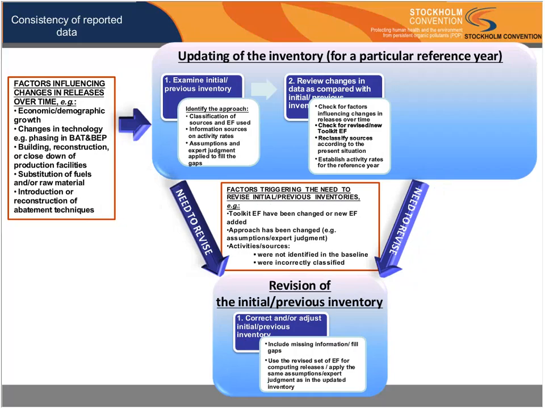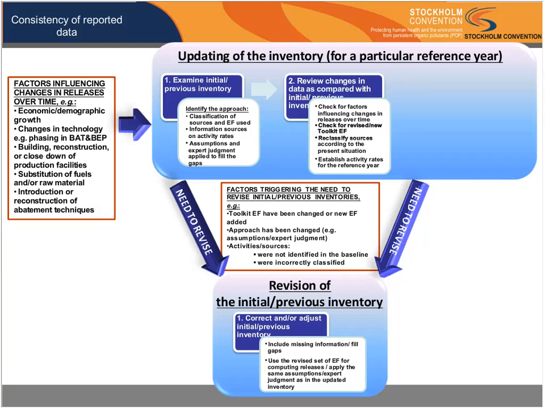The factors triggering the need to revise the inventory, besides the changes in the toolkit methodology, may also be that some specific national emission factors will trigger the need for revision, which would be, for example, related to the availability at the country level of new or corrected information and knowledge.